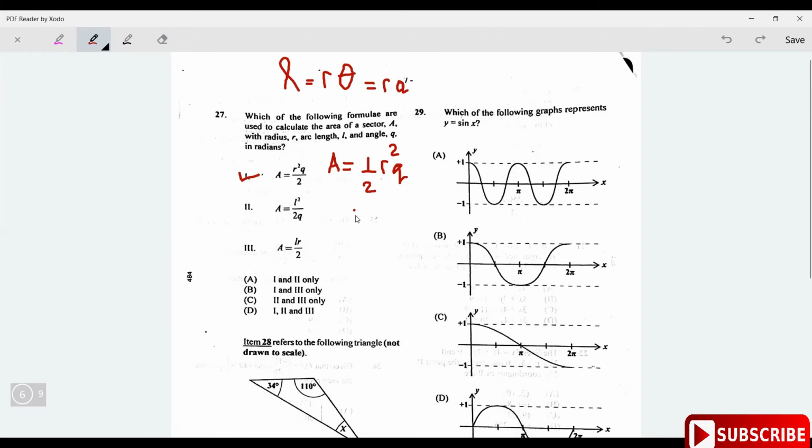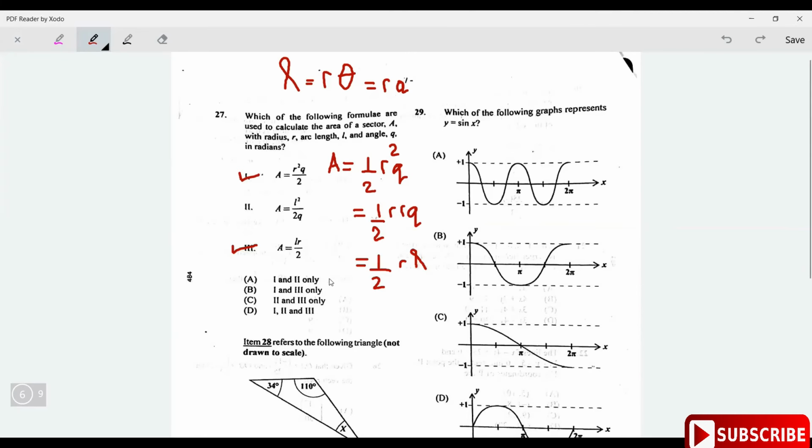So what we can do is rewrite A as a half r times q. And r times q is L. So the area of the sector is equal to a half r times L, which is this one.